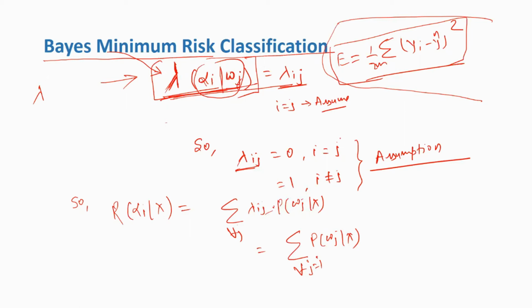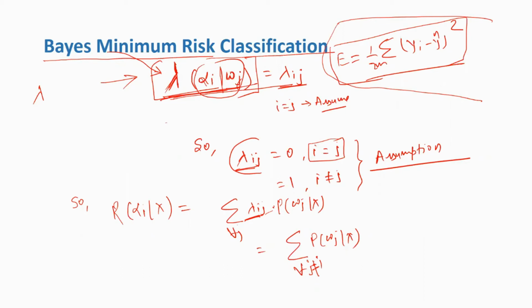Since we have assumed i equals j, in that case lambda ij will be 0, and for i not equal to j, the value of lambda ij will be 1. When lambda ij has i equals j, then the entire risk will be 0. Definitely it will be 0, right?